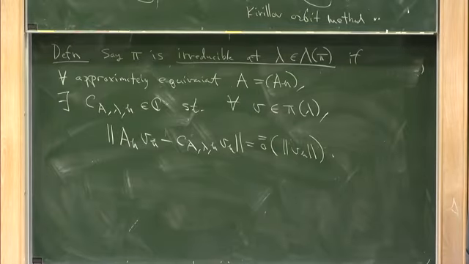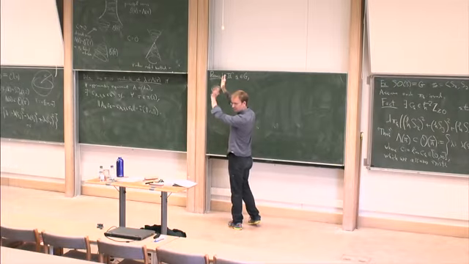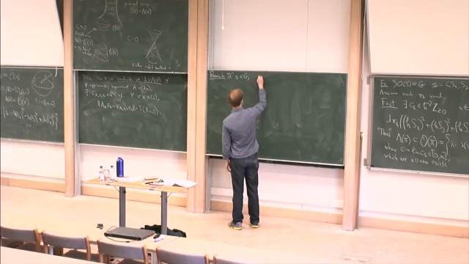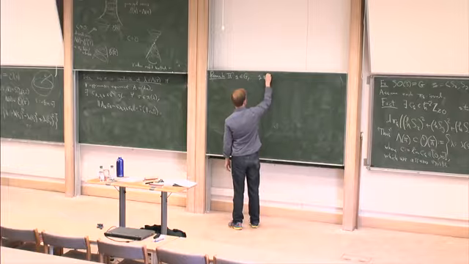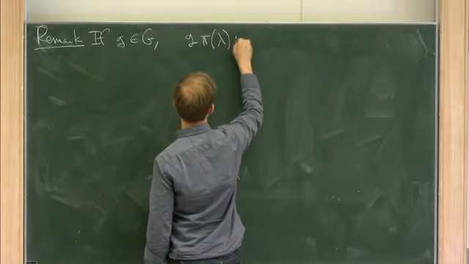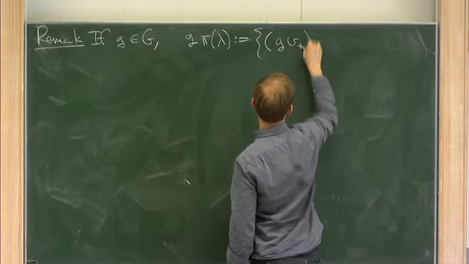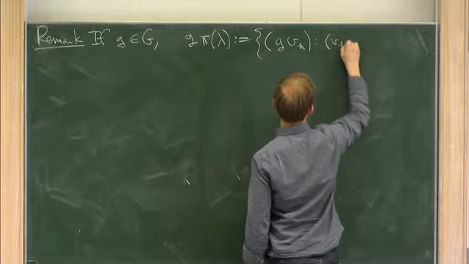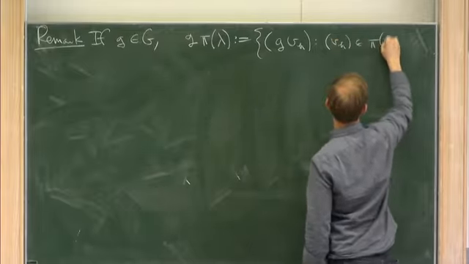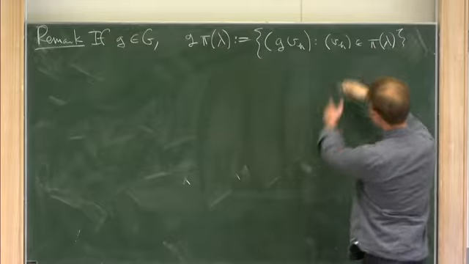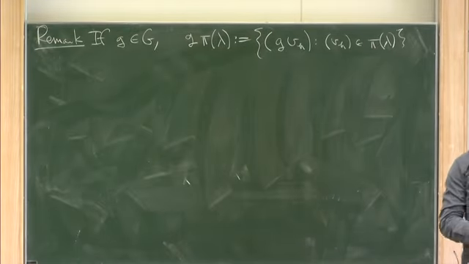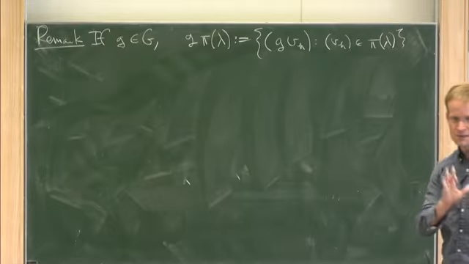The remark is, if g is any group element, and lambda is anything we've written down, we can look at the space, what I'll call g pi lambda, which I'll define to be the set of sequences g v_h, where v_h is a sequence belonging to pi lambda. So it's a sequence that localizes at lambda, and we just translate every element by the same group element.